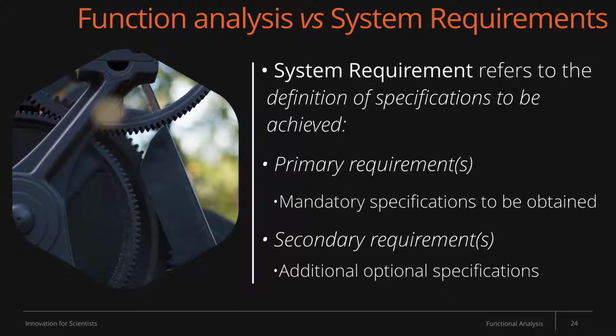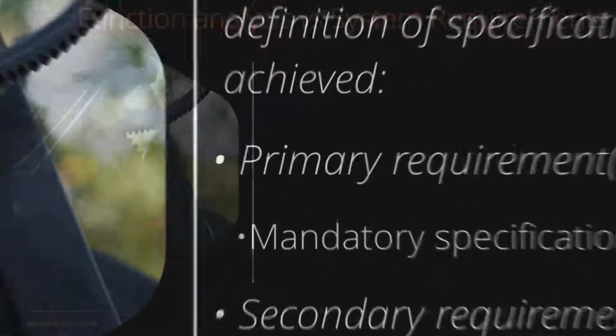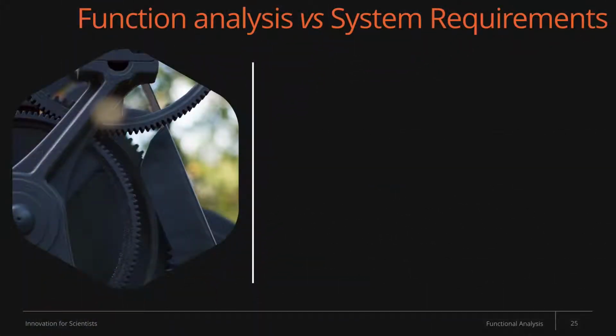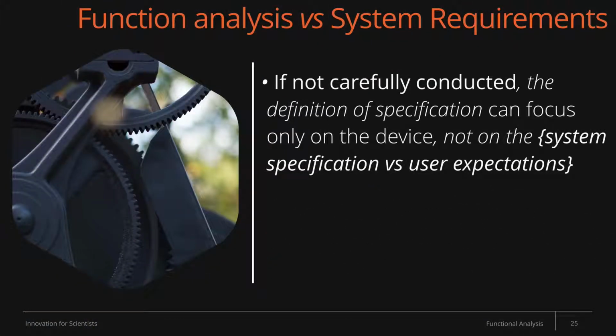And the early adopters do not buy your system for what you do, but for why you do it. The risk when you focus only on the system requirement is to focus your activity only on technology, the specifications of the device, and forget what the user's expectations are.